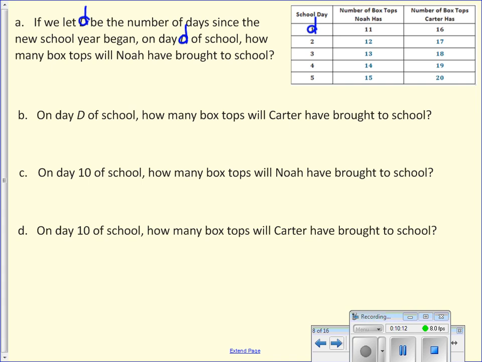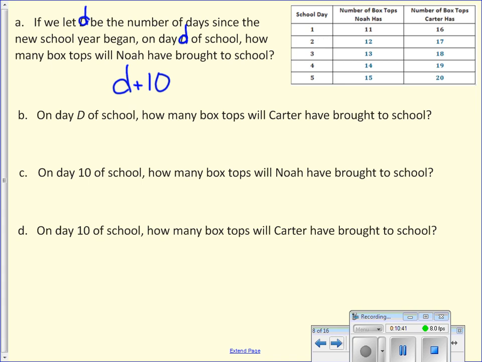Because he had 1 plus 10 from his grandma. So does this make sense? When D was 2, it was 12. 3 plus 10, 4 plus 10. Is that the relationship between the days of school and Noah? Yes. So Noah, no matter how many days of school, he has that many box tops plus 10. So you're writing that in your notes.